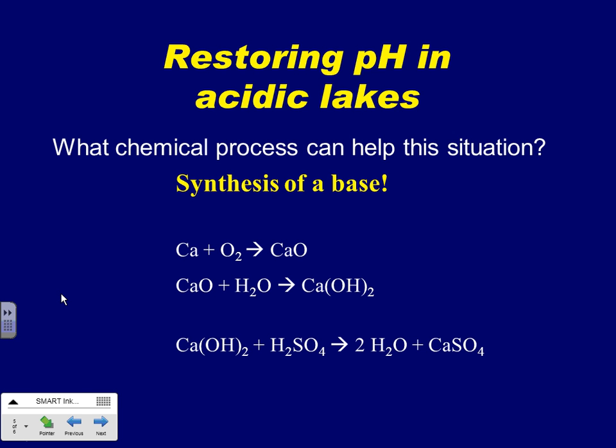One method that was used was to take calcium oxide. They wouldn't have taken a piece of calcium, went out there and started a campfire and burnt it. They would have actually just had calcium oxide powder and add it to the lakes, which then resulted in calcium hydroxide. And here you can see I've now got the calcium hydroxide with the sulfuric acid.